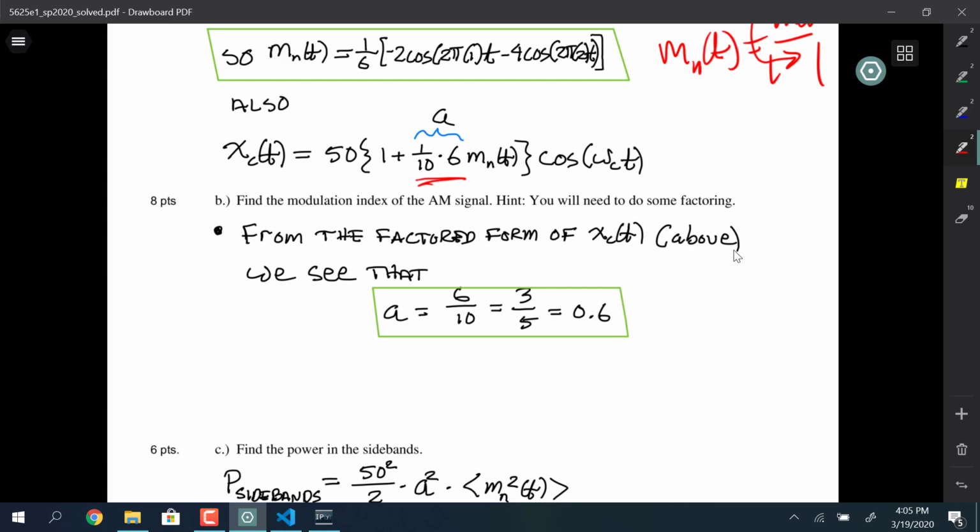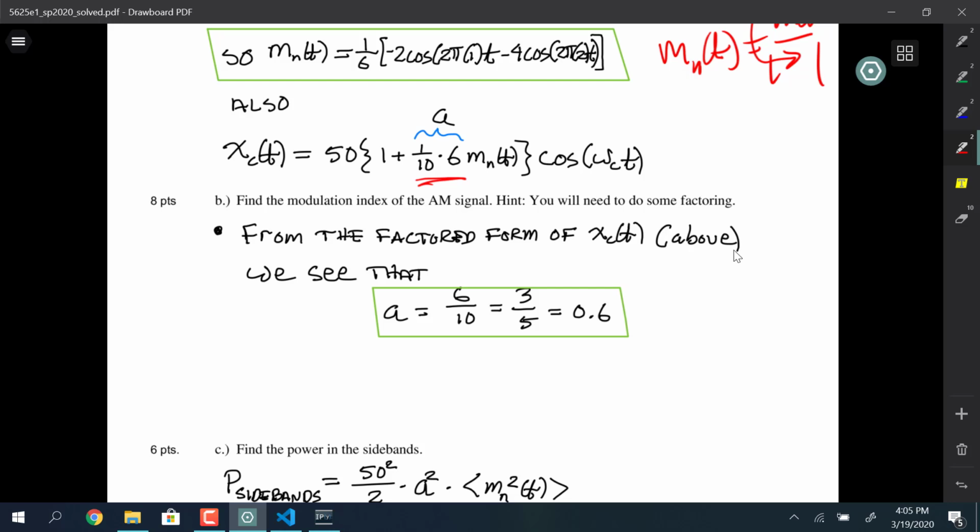It's going to go 6/10 of the way towards 0 on the negative excursions of the message. Not all the way to 0. If it went all the way to 0, then we would have 1 minus 1, and that would be 100% modulation. So here we have 60% modulation.